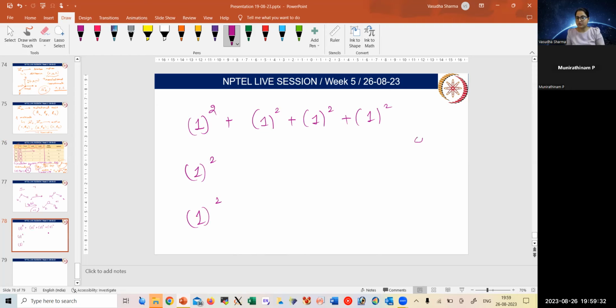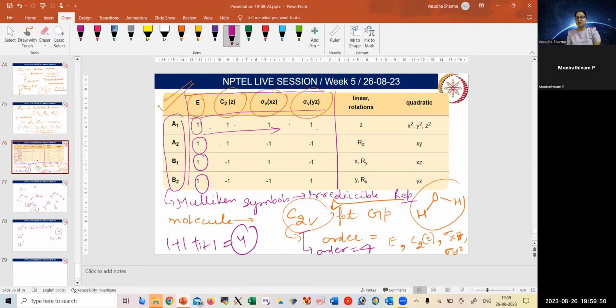So when I'm talking about 4, what possible combinations could there be? I can use 0, I can use 1, I can use 2. But I have to adjust the values in such a way that they should not repeat, and the sum of the squares should equal the order, that is 4. That is why the first combination is 1, 1, 1, 1.